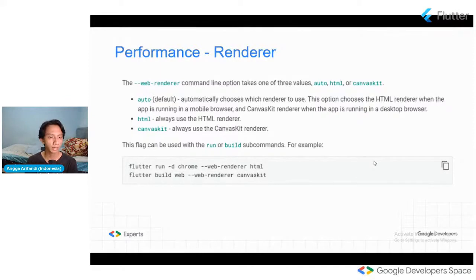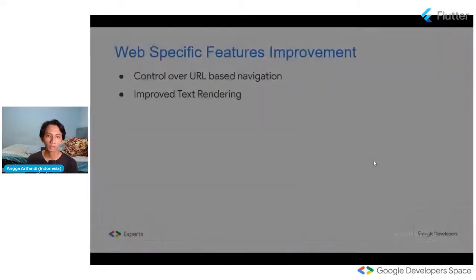But we can actually decide ourselves if we want to only use HTML, let's say, for much smaller loading time, or if we want to use CanvasKit for much better performance. So basically, I think this is the biggest improvement in Flutter Web from last week.